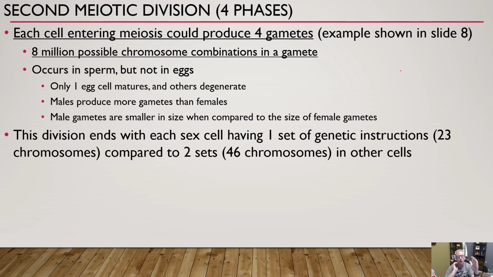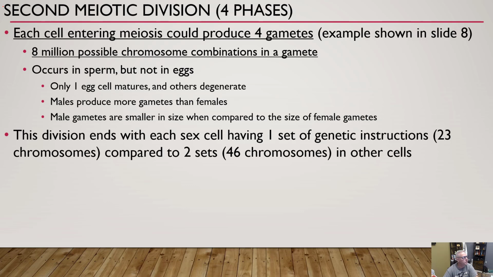If we look at all of the different possible chromosome combinations in a gamete, there are actually 8 million possible combinations, which is why we have so much genetic variability in the world.